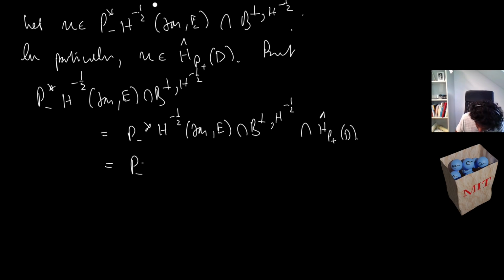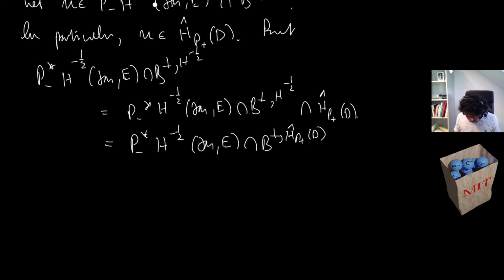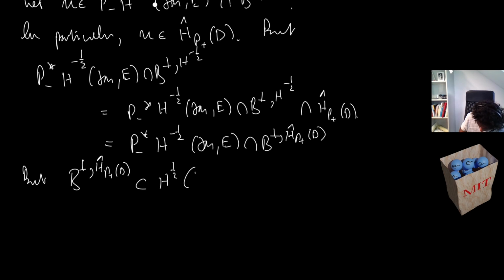In the hat space. So this is minus a half partial ME intersect B in the hat space. But by assumption, the hat space is in H a half. But by assumption, we have that B H hat P plus of D is actually in H half.